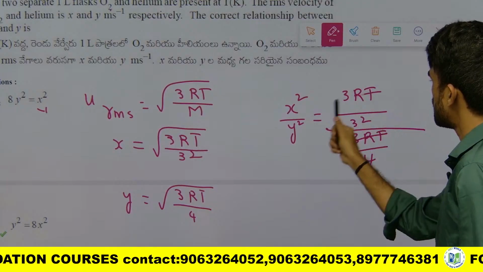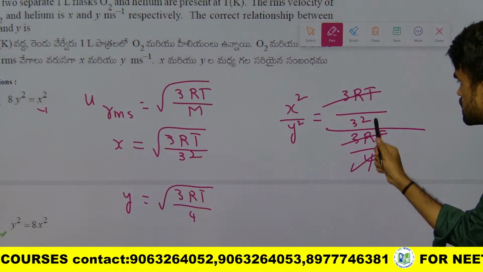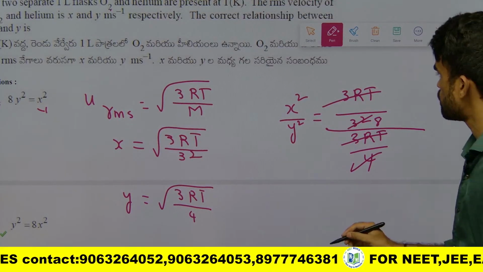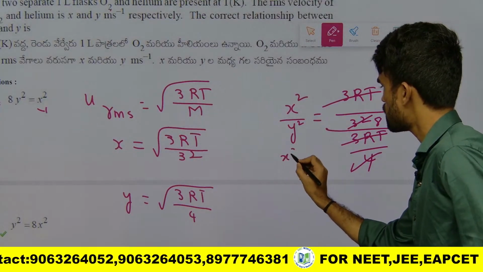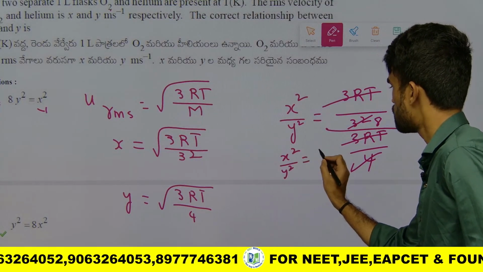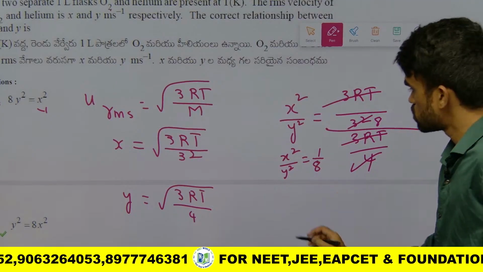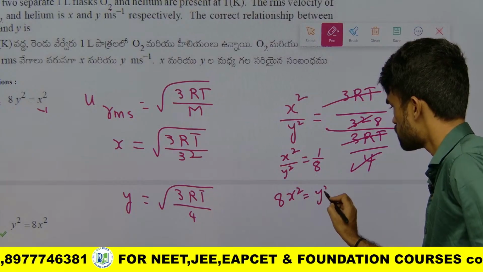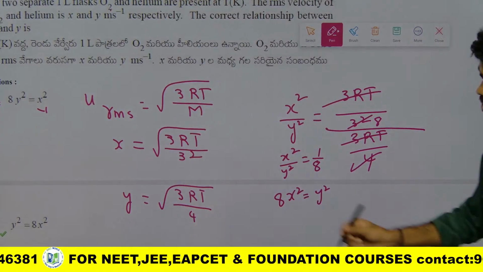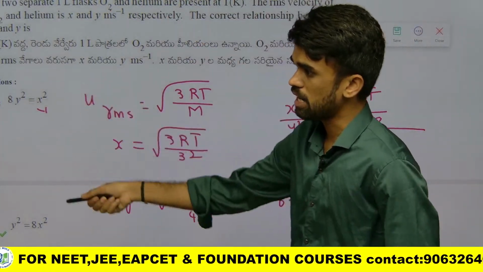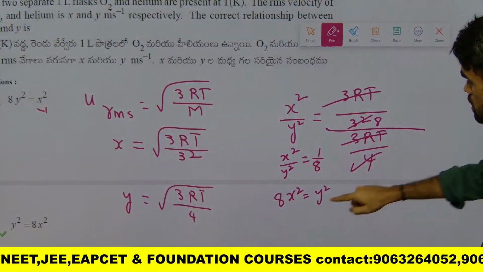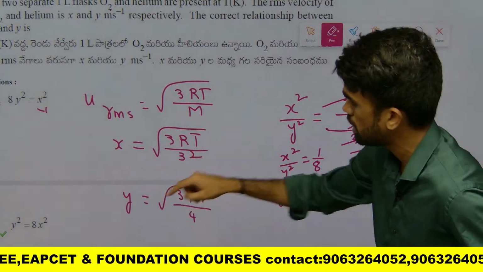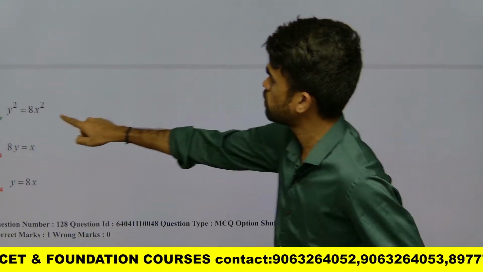The 3RT cancels, so this is 1 by 8. So X square by Y square equals 1 by 8 we got. Now X square into 8 equals Y square. This is the relation we got. Do we have any option like that? Yes, we have the option Y square equals 8X square, which is option number 2. So you can choose option number 2, right?